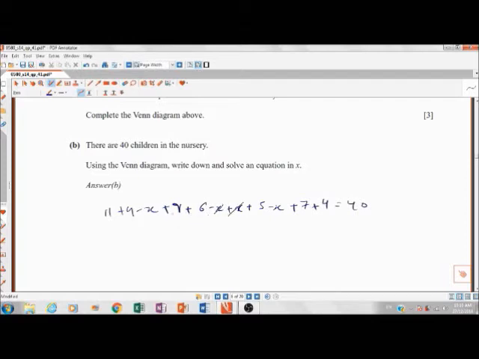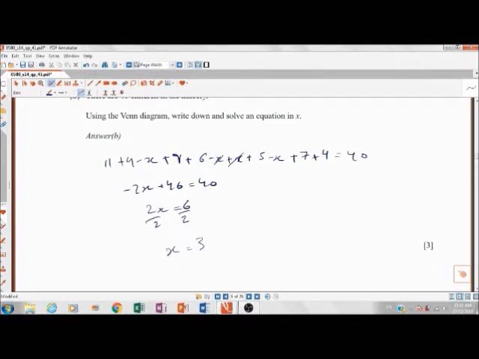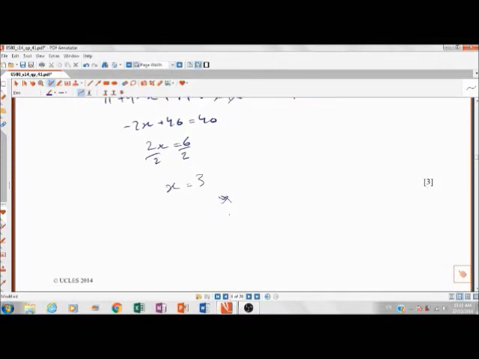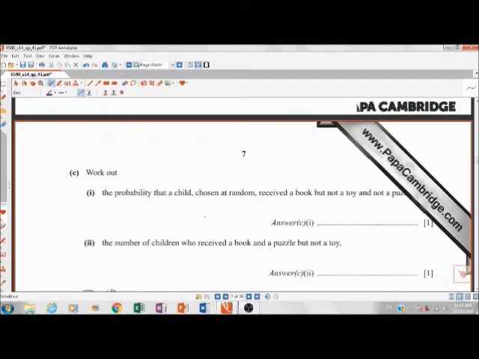So this cancels this. To simplify this whole thing, it would give you in the end minus 2x plus 46 equals 40. And so move x to the other side. Get 2x equals 6. Divide by 2, divide by 2. x equals 3. We found the value of x. On to the next question.